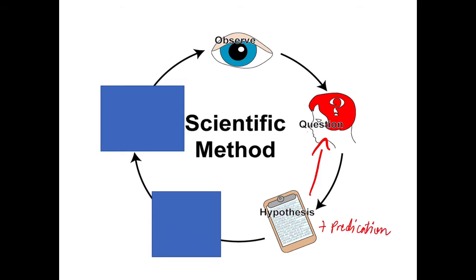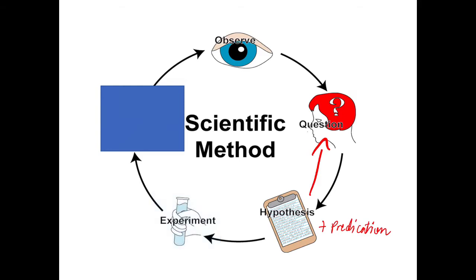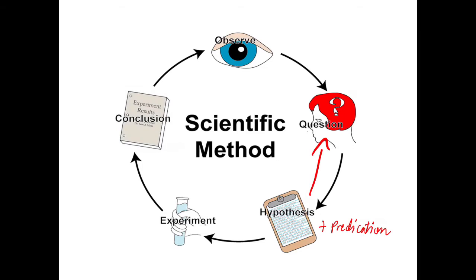And that prediction is a suggestion of what you think is going to happen. And this can be tested. So once you have formulated your hypothesis and prediction, then you can start to conduct your experiments. And once you have conducted the experiment, then you can draw conclusions based on the results of that experiment.